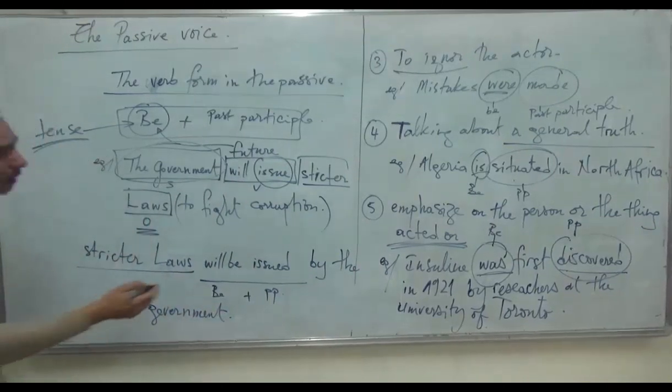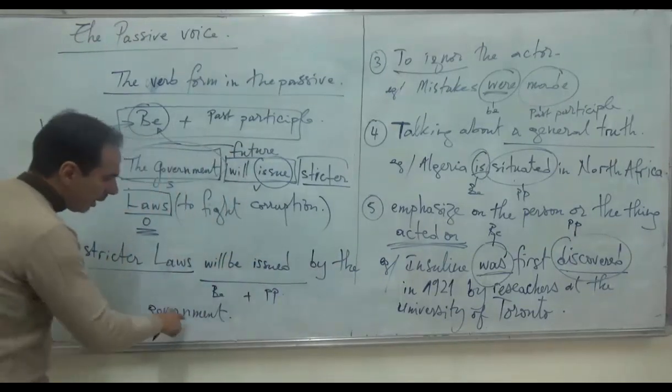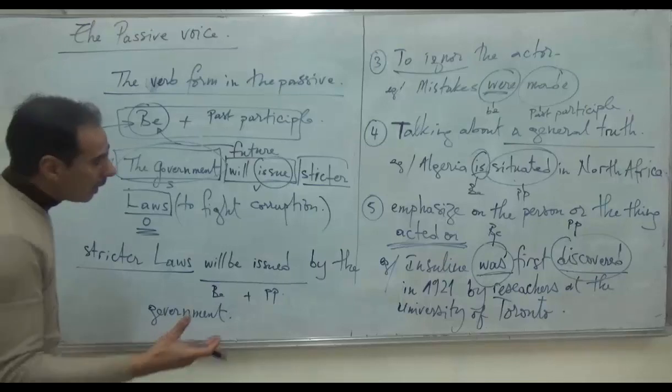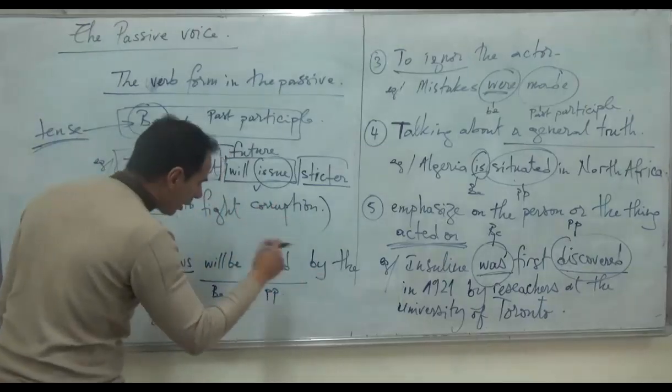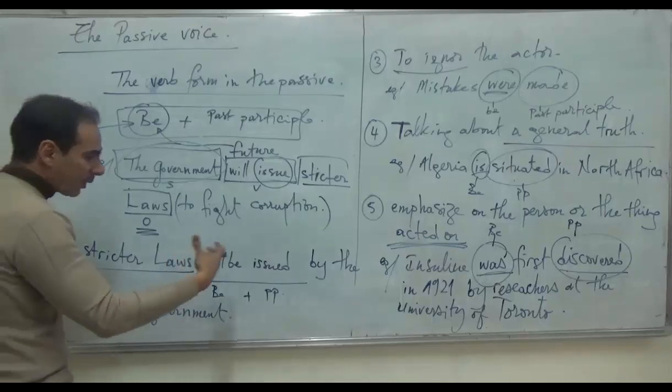And in this case, whether you mention the agent using by or not, you are free. If you want to mention it, it is at the end of the sentence.